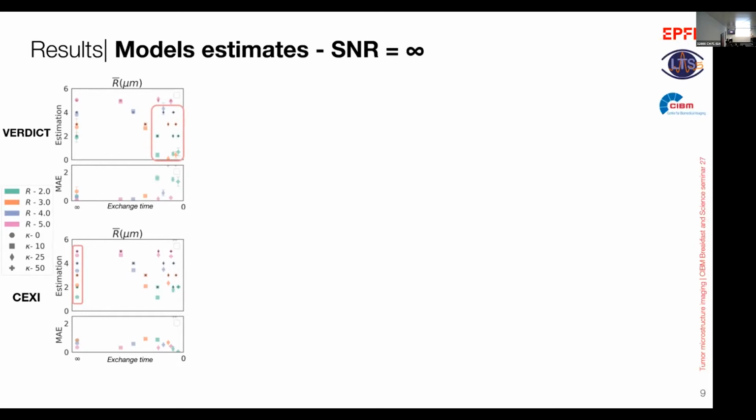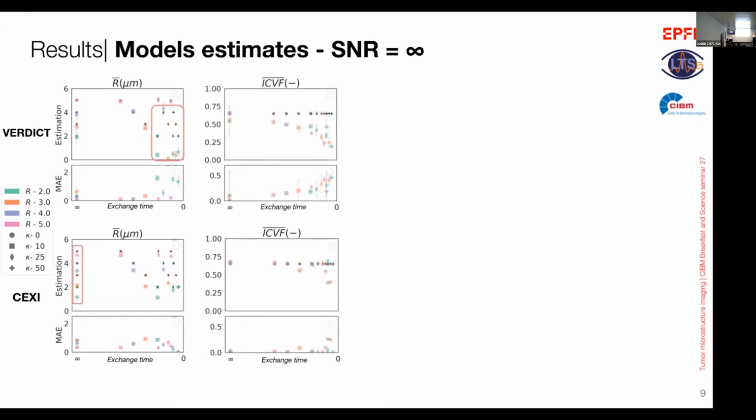While in the case of SEXY, the estimations are more stable, even if the samples are permeable. But in the case of impermeable tissues, so really on the left here, the results are better with Verdict, so the error is smaller.